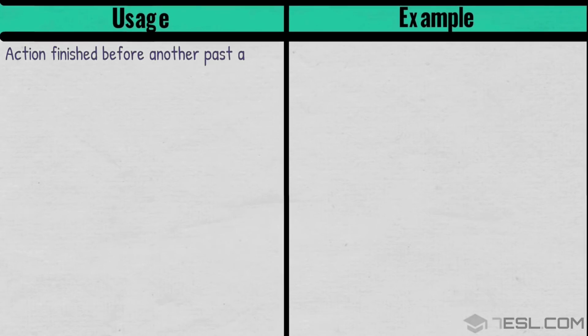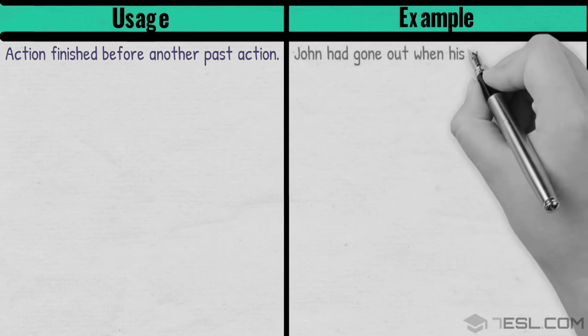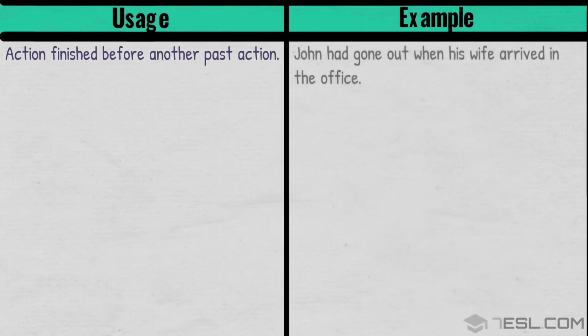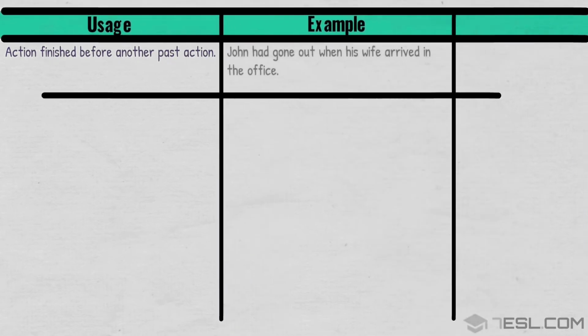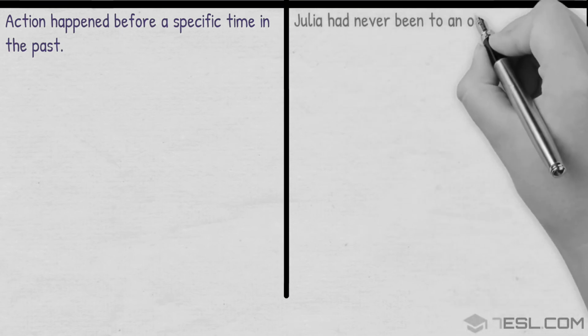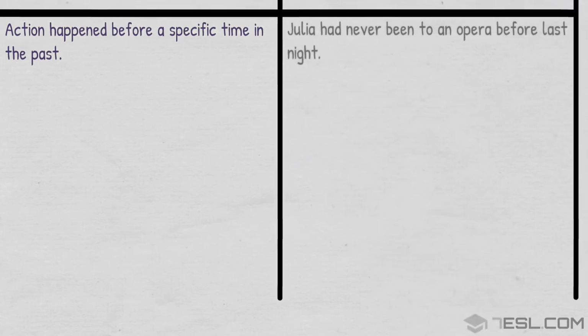Action finished before another past action. John had gone out when his wife arrived in the office. Action that happened before a specific time in the past. Julia had never been to an opera before last night.